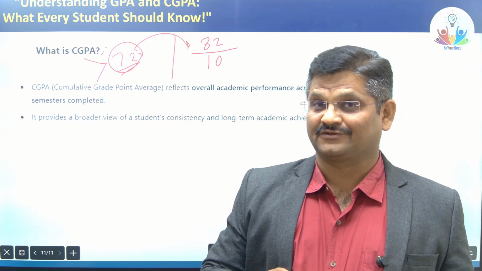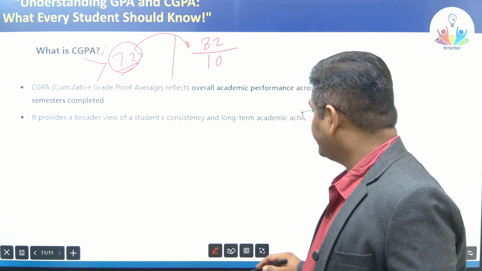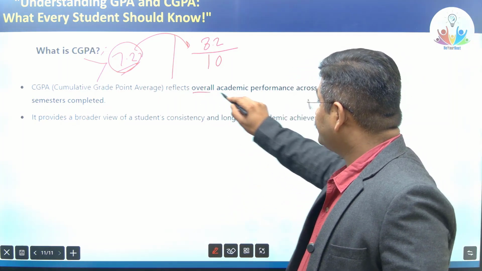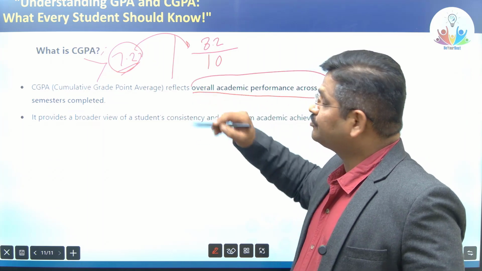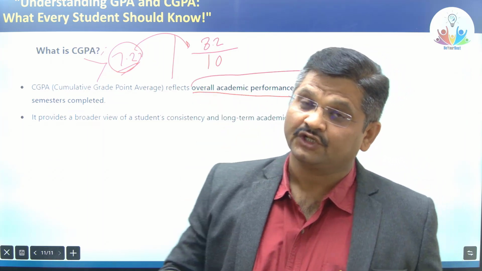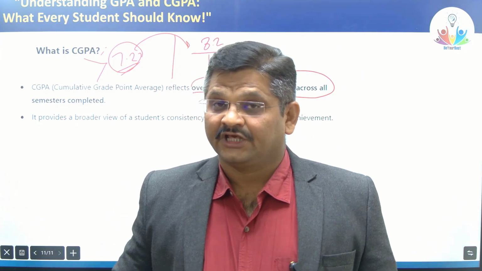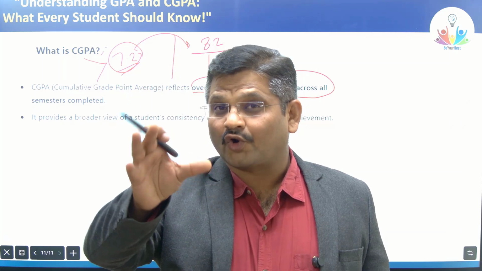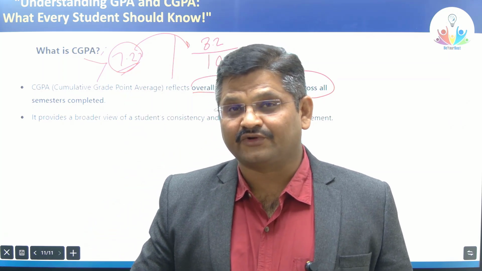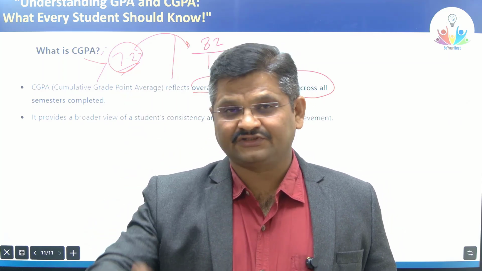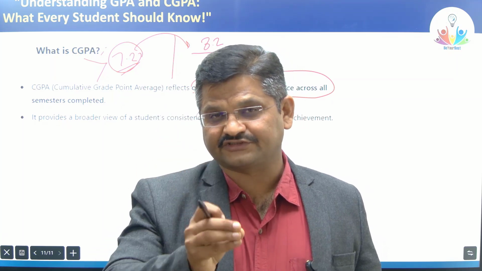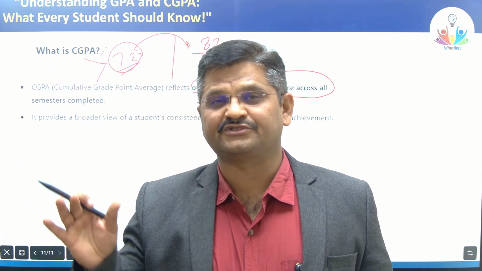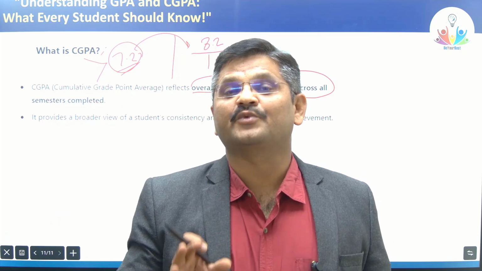If the CGPA is more than 7.2, definitely he or she will get the admission or the scholarship in particular courses also. Now, the next point to understand: CGPA gives the overall performance of a candidate throughout the years. It continuously gives the overall assessment for the university authorities and the selection committee. This is the right student if, in the first semester, second semester, throughout the semesters, he or she performs very well.